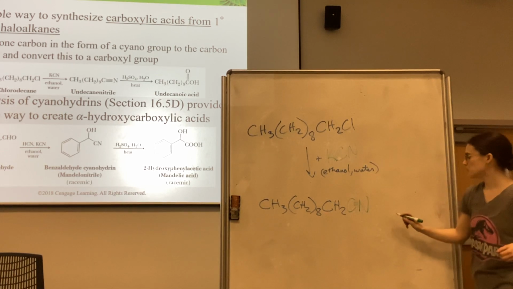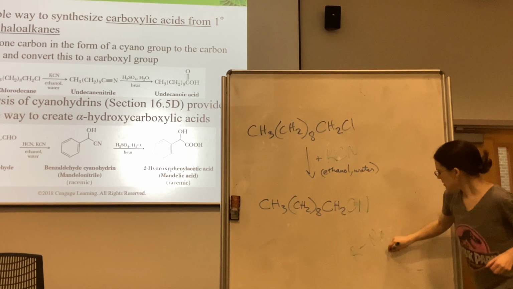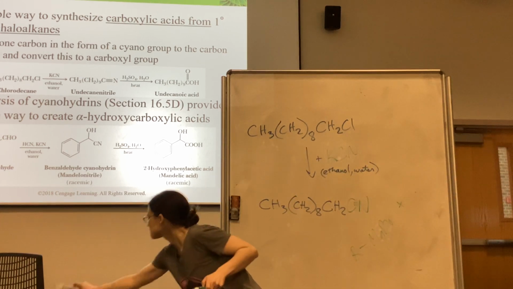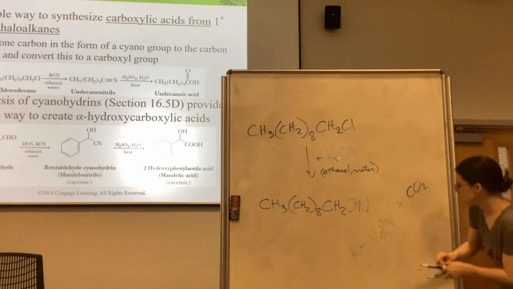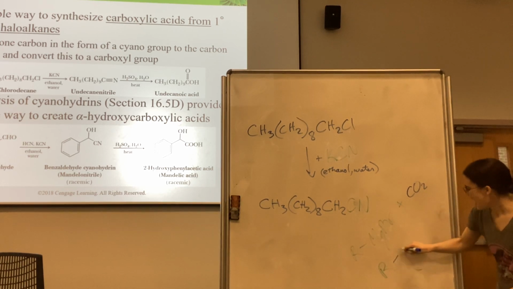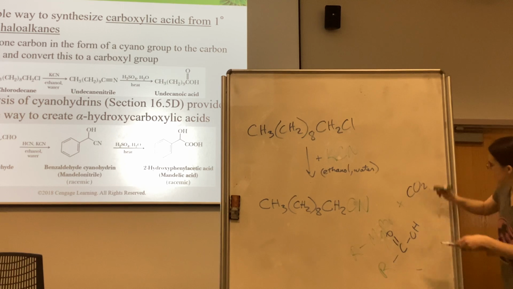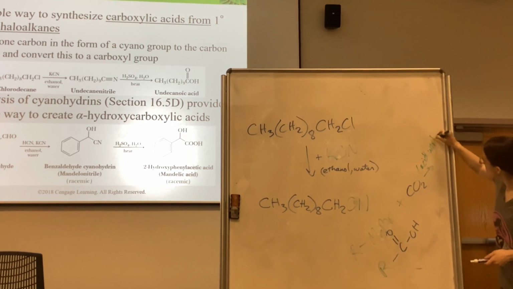Side note, same with a Grignard reagent, RMgBr plus CO2, you're going to get R, exactly that same R, and then that. And then acid workup.